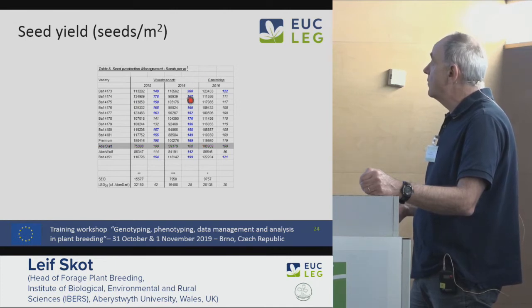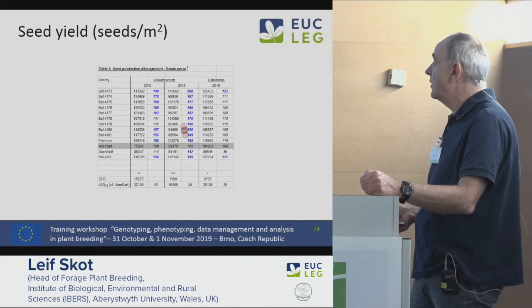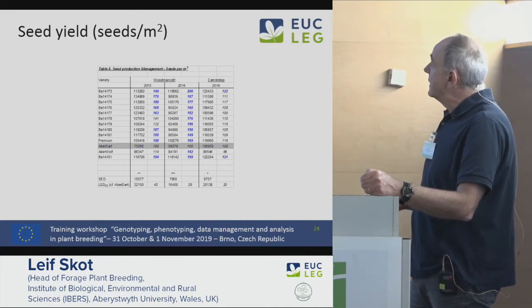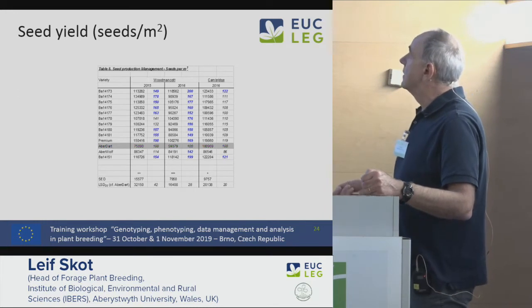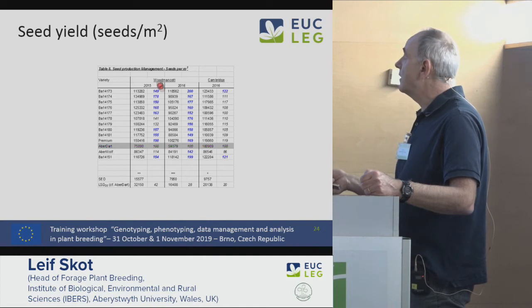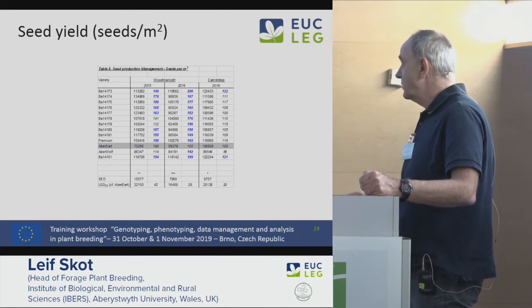It goes down from where the A allele is 100%, or the B genotype is 0, up to 100%. So if you plot that, there's certainly a relationship here between seeds per square meter and the BB genotypes.